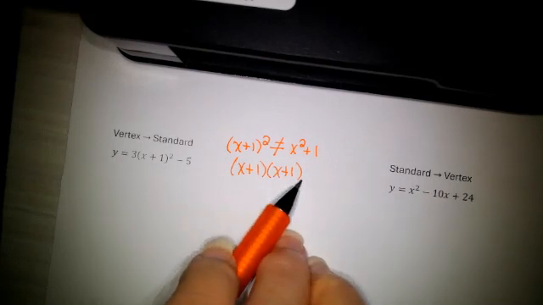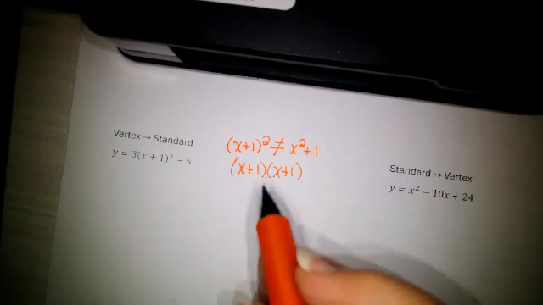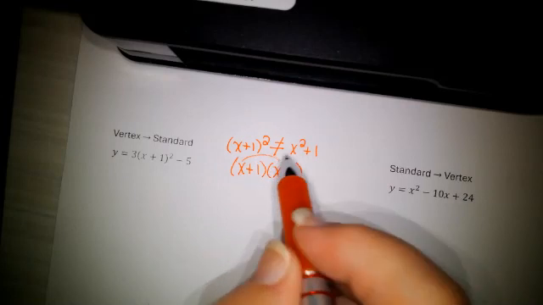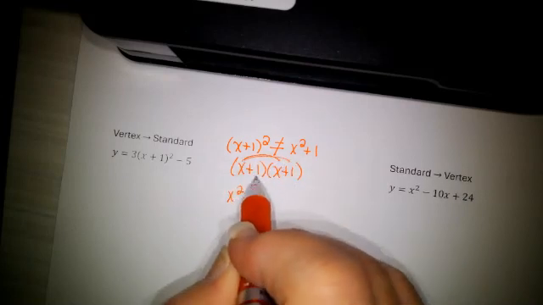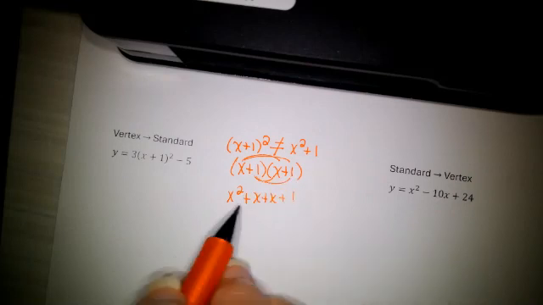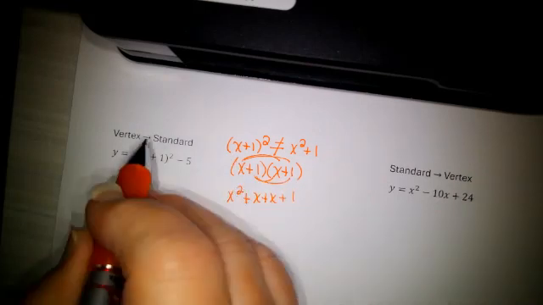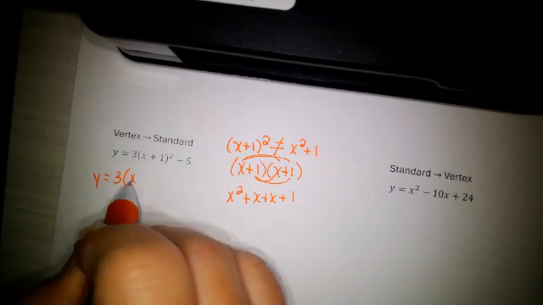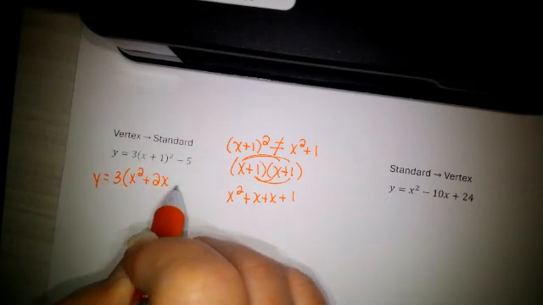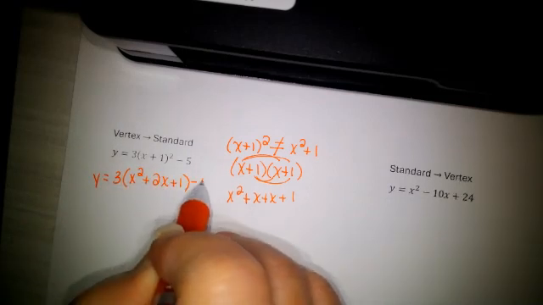And then we use FOIL to multiply it out, just like we did at the beginning. So we do x times x, x times 1, 1 times x, and 1 times 1. So x plus 1 squared is actually x squared plus 2x plus 1.